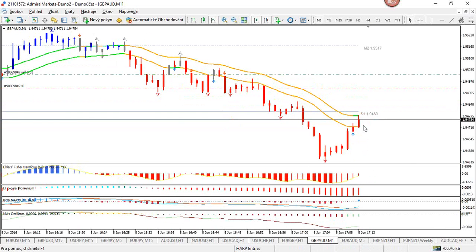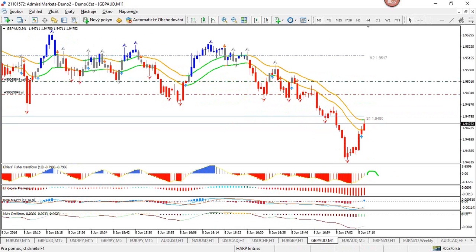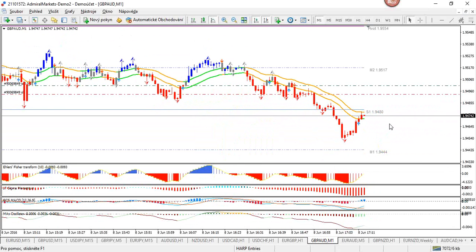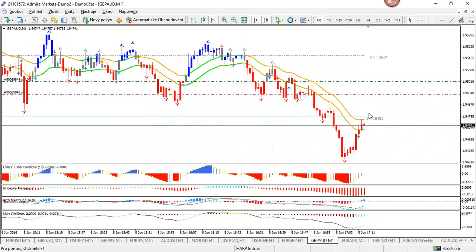And we're getting the pullback right now. So from this point of view, I would be interested to see if price makes a turn here. This could be a pullback to the S1, which could be resistance now for a fall down to that target I just talked about. So I would be interested in scaling in, as a scalping potential trade, even on this time frame.